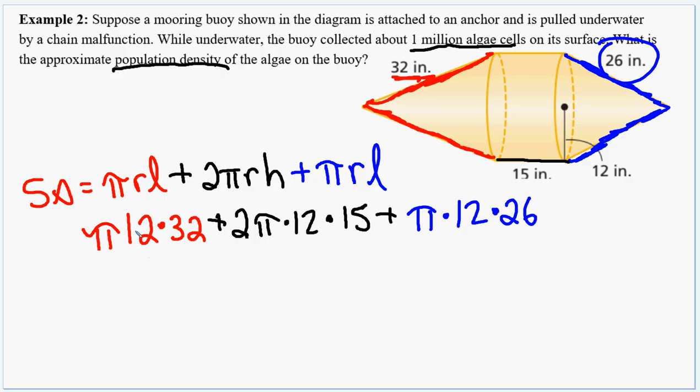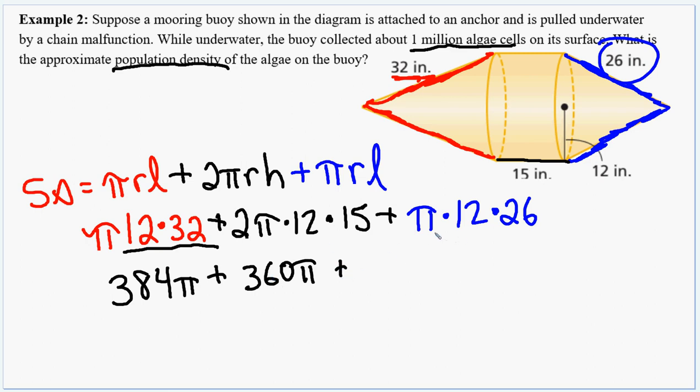So let's start multiplying here. 12 and 32, that multiplies to 384 times pi. And then we've got our 2 times pi times 12 times 15. The calculator tells me that's going to be about 360 pi. And then finally the stuff in blue, pi times 12 times 26.